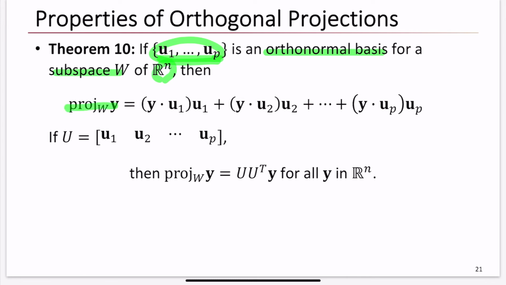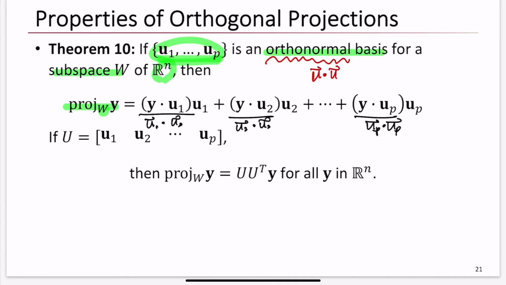Then the projection of Y onto W, in the previous theorem, was something like this, or something like this. But in this case, if we consider orthonormal, then the inner product of U, the length of U, should be 1. So in this case, it should be 1, right?